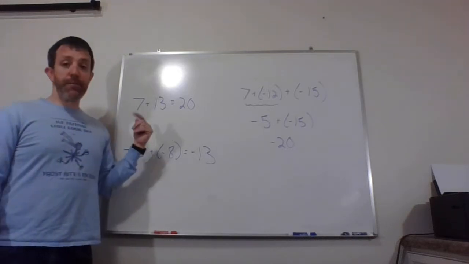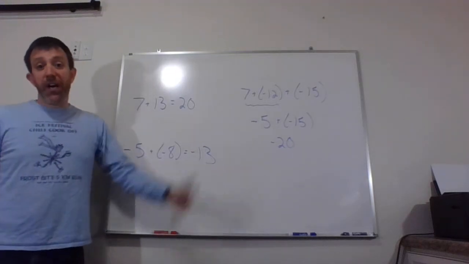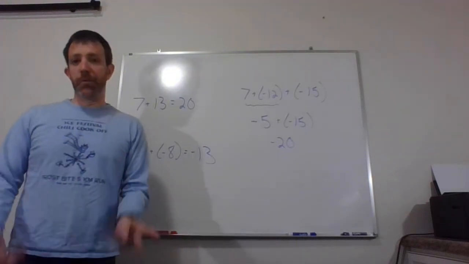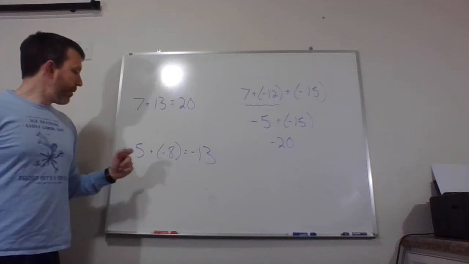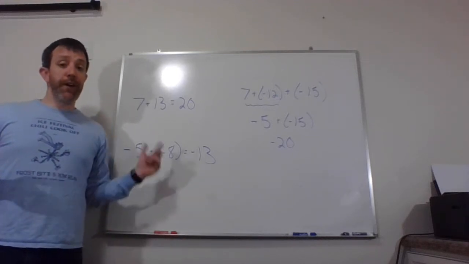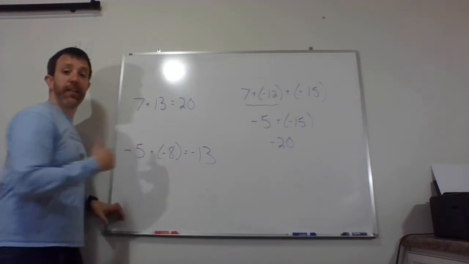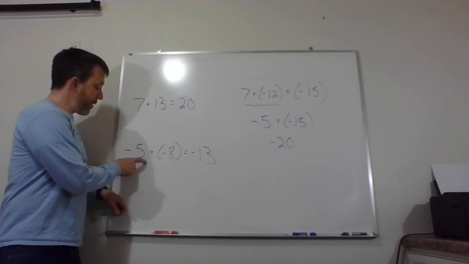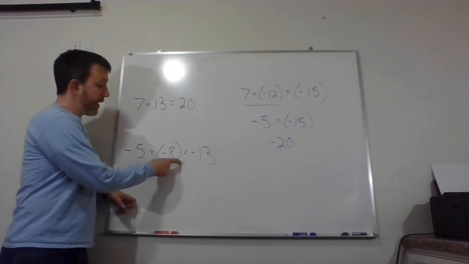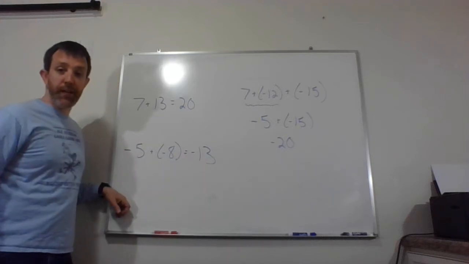If you want to think about it in terms of money, you have $7 and you get $13 more, you have $20, right? You're not going to go into debt here. Second one, negative 5 and negative 8. The signs are both negative, so 5 and 8 gives us 13, and we keep that negative sign. In terms of money, this says I owe John $5 and I owe Tim $8, so in total I owe them $13.